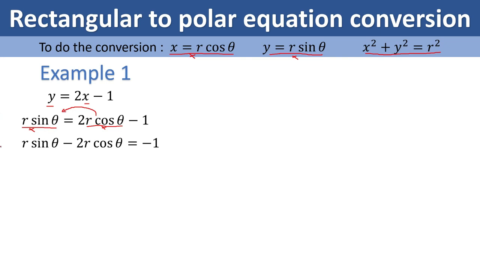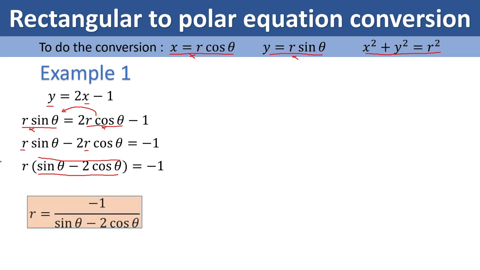Using inverse operations, what is adding here becomes subtracting when you move it. After that, you find the common factor, which is r. You have r and r here. R is the common factor. After that, you divide everything by this expression.